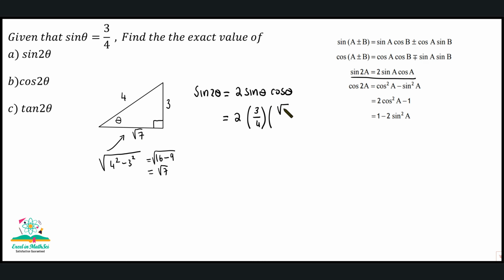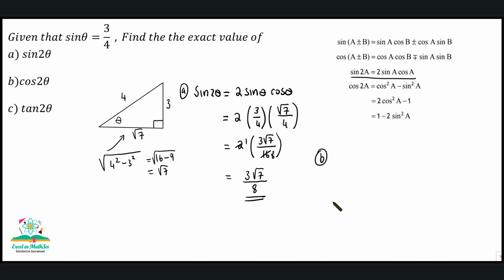So that would be root 7 over 4. So then that would give me 3 root 7 over 16 times 2, which would be 3 root 7 over 8. And that's our part A done.